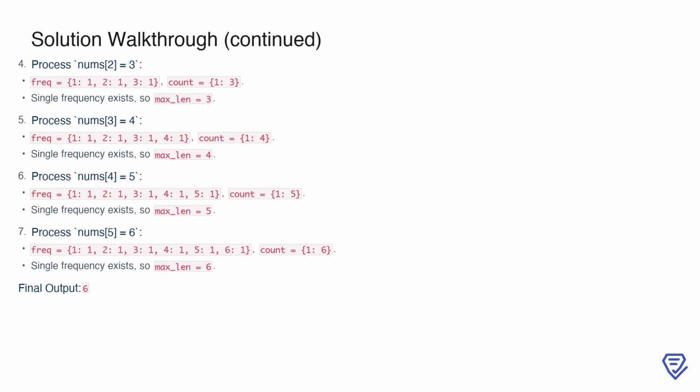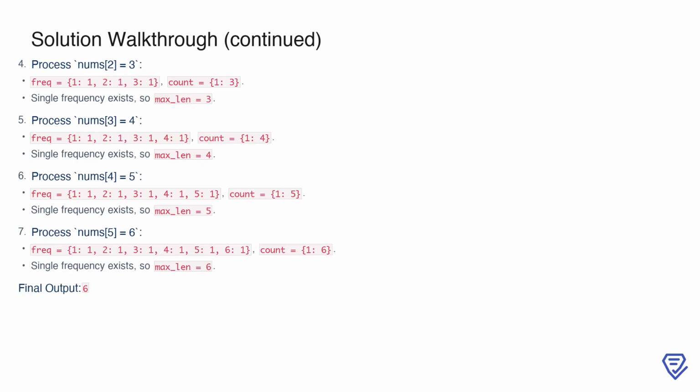The fourth number, 4, similarly gets a frequency of 1, updating frequency to {1: 1, 2: 1, 3: 1, 4: 1} and count to {1: 4}, resulting in max_len becoming 4. Processing the fifth number, 5, updates frequency to {1: 1, 2: 1, 3: 1, 4: 1, 5: 1} and count to {1: 5}.